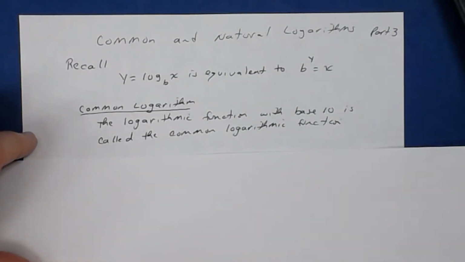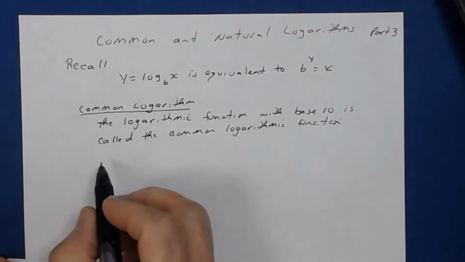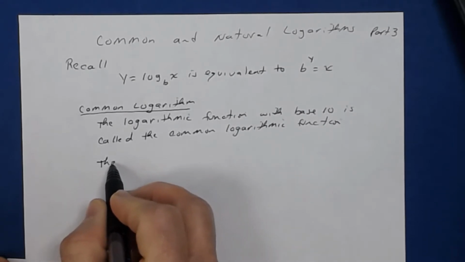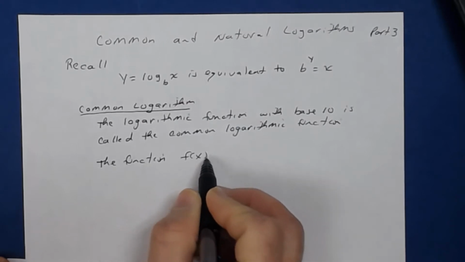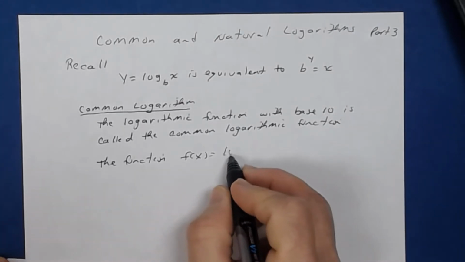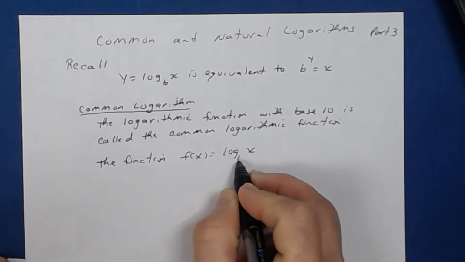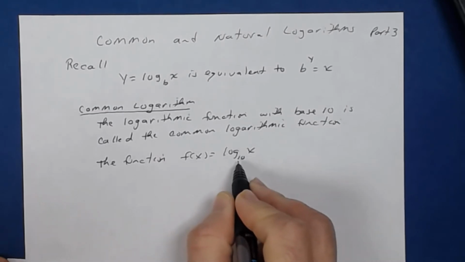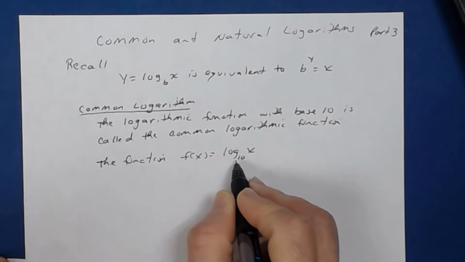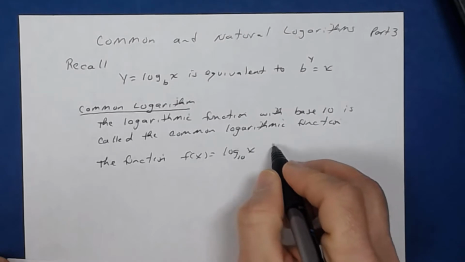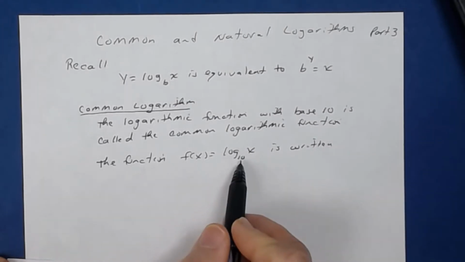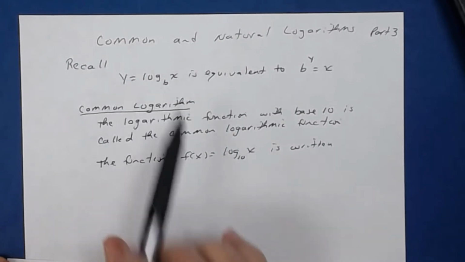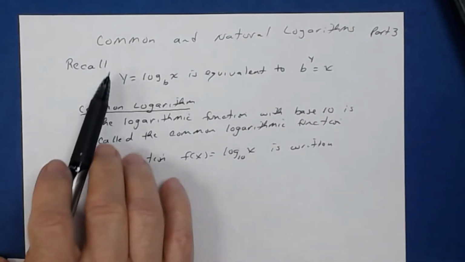We say that the function f of x equals log of x base 10. See I have that base 10 right here? Remember that base 10 is called the common logarithm.